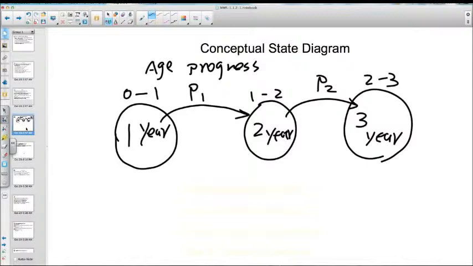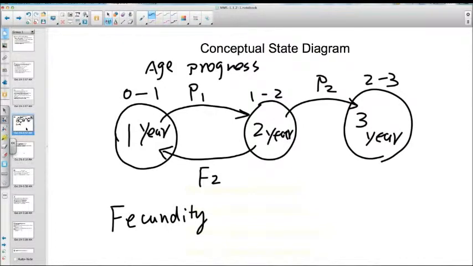There's another set of transitions. We have newborn eggs and the young birds. Starting from the second year, the birds can lay eggs. We use F, which stands for fecundity. That means birth rate. In the third year, the birds also lay eggs, but the transition goes all the way to the young birds, the first year of life.